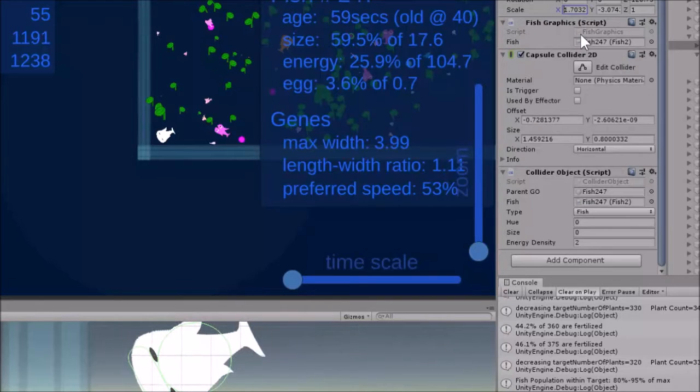He flipped around. So swimming backwards is based on the fact that his size was negative, which flipped him backwards. The Y won't change him, because that just kind of gives him a mirror. There's a mirror that way, so that doesn't flip him at all. So his scale being backwards, his width, his fish size being backwards.